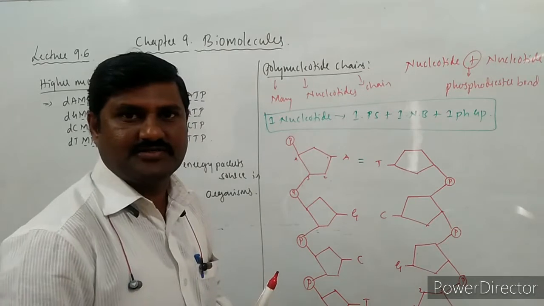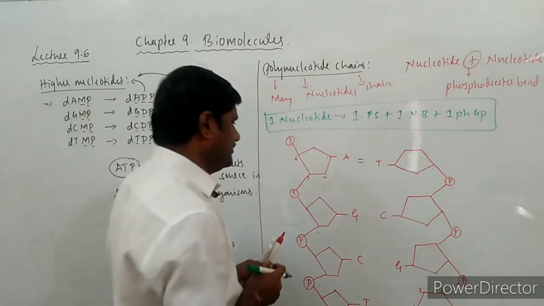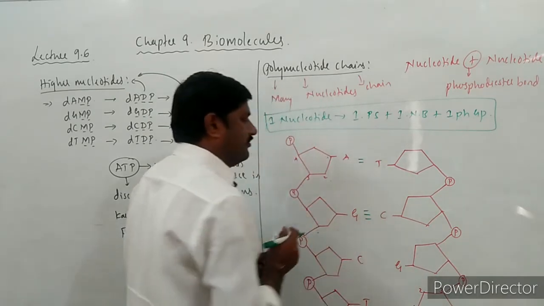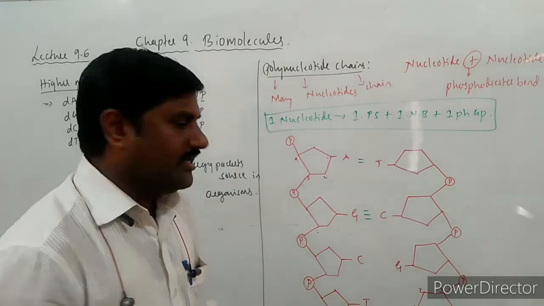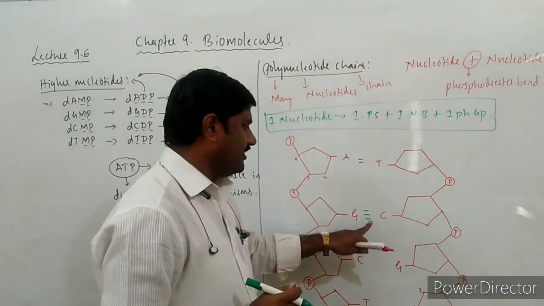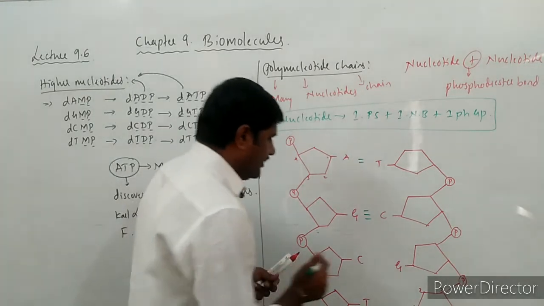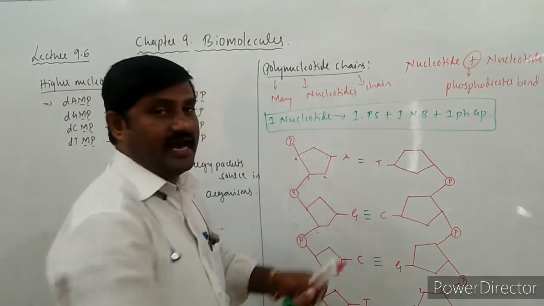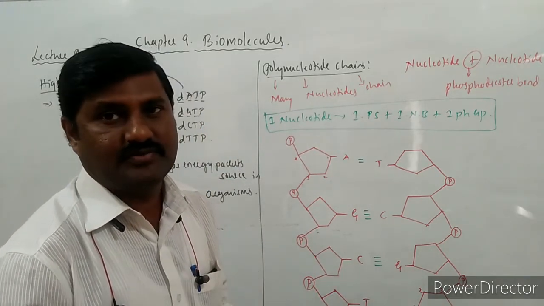So how many hydrogen bonds are these two joined with? Two hydrogen bonds. A combines with T with the help of two hydrogen bonds, and G combines with C. G as well as C are complementary to each other. So they join each other with the help of three hydrogen bonds. Once again here also C and G, even though they are reversed, they join with the help of three hydrogen bonds.